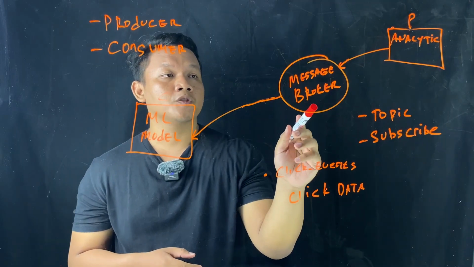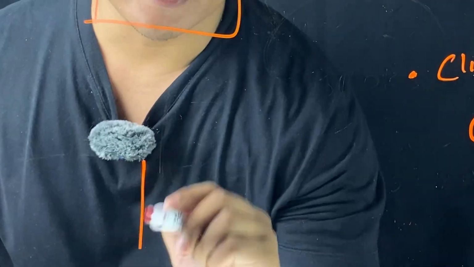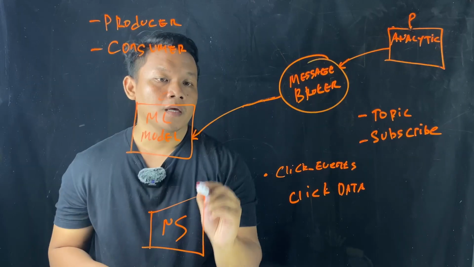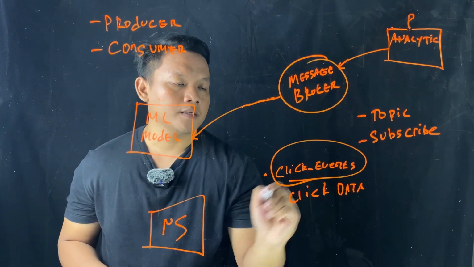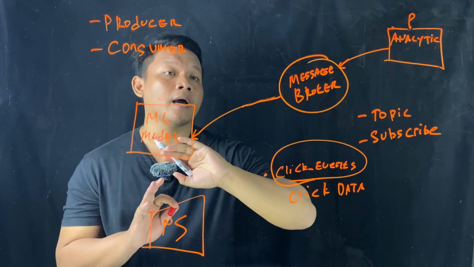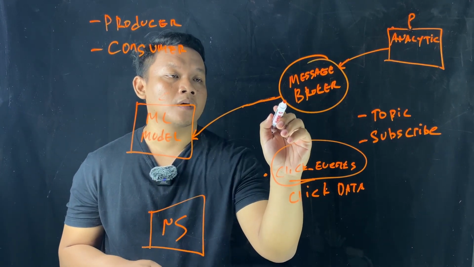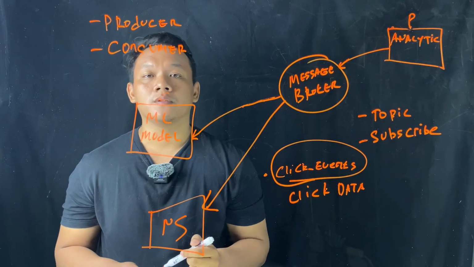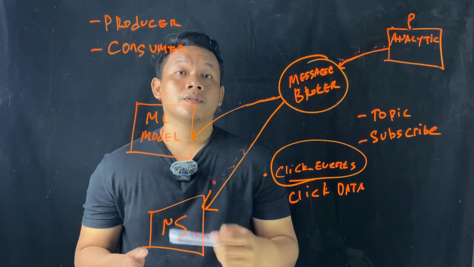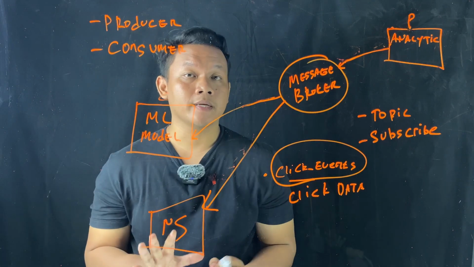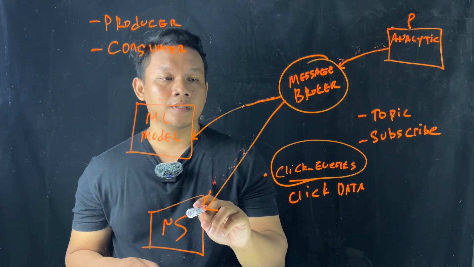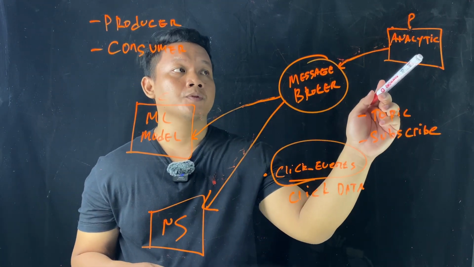But with a message broker, when you have a new service that needs the same data, you can just subscribe to the same topic that is required. So the message broker will automatically send the data to the new service as well. So now it's easier to maintain your whole infrastructure when a new service needs the same data from the producer.